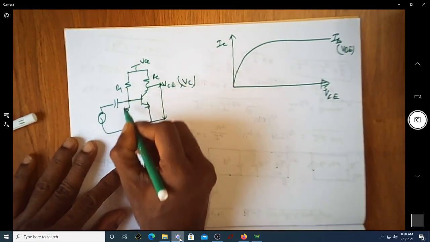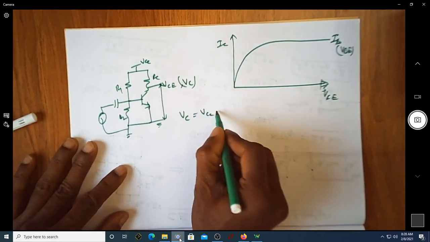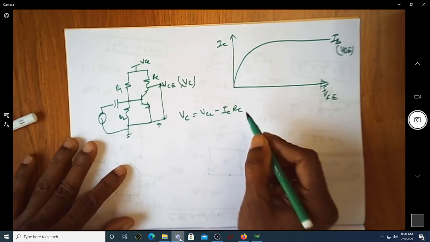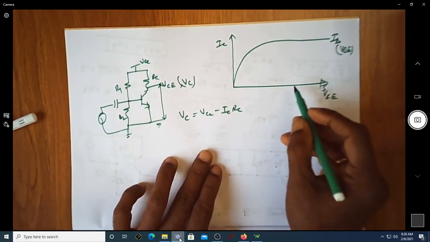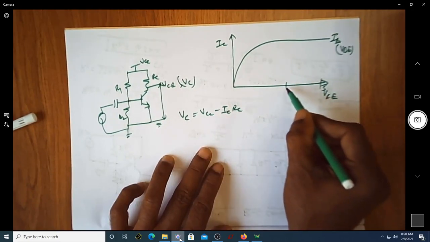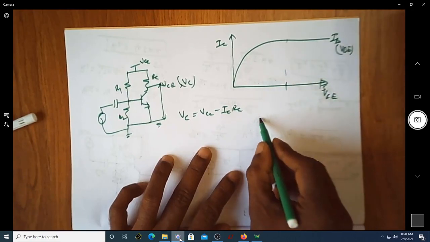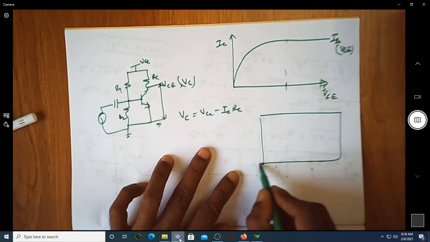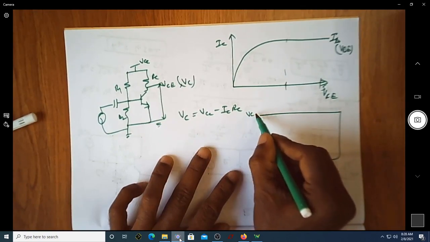This is R1, R2. So you can write VC is equal to VCC minus IC into RC. So we have to have this value of VC such that you can have it exactly at half of the VCC, meaning that if you want to see the swing of your output voltage, it is 0 to VCC now.